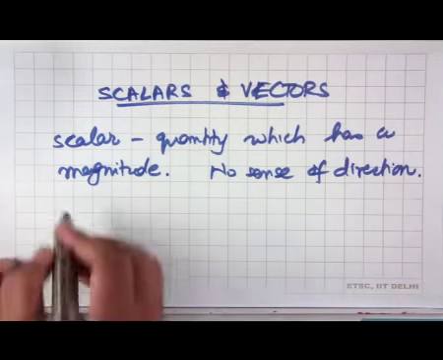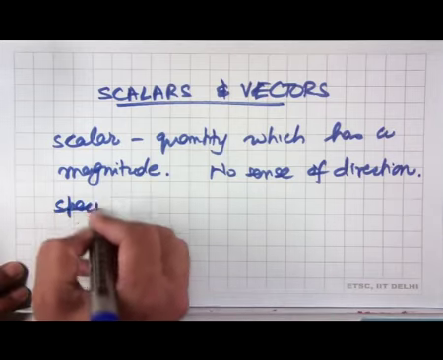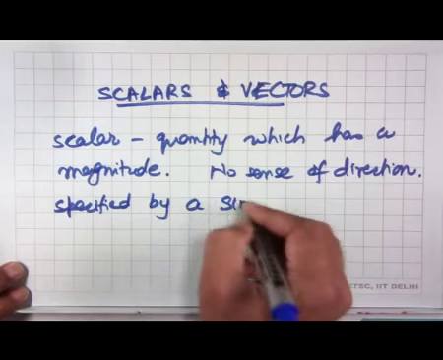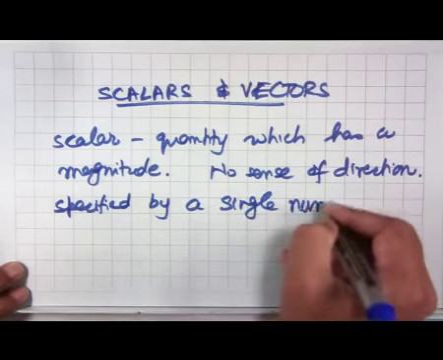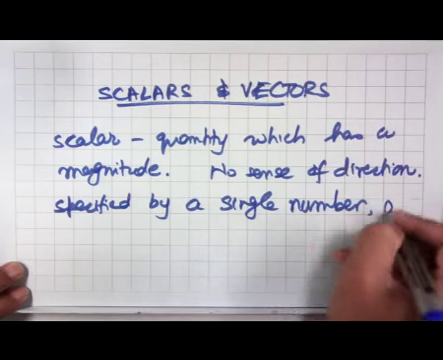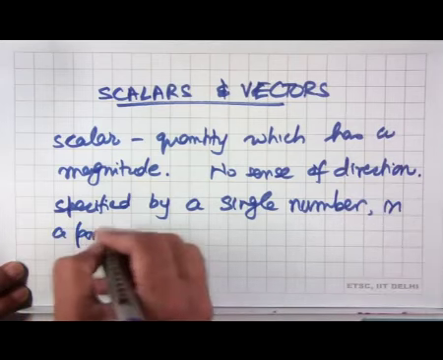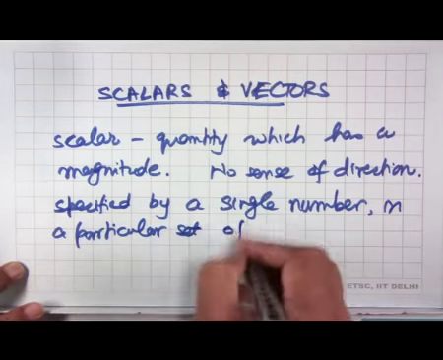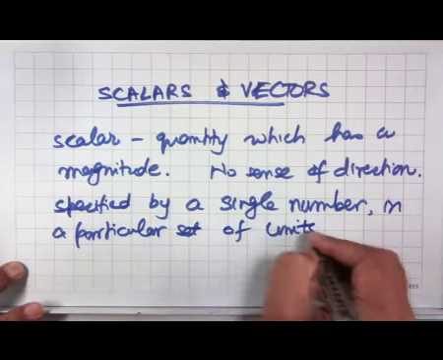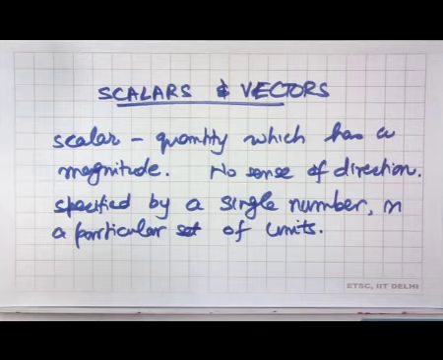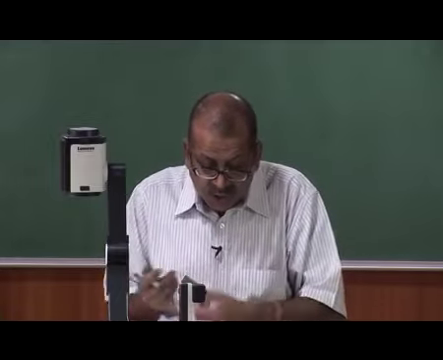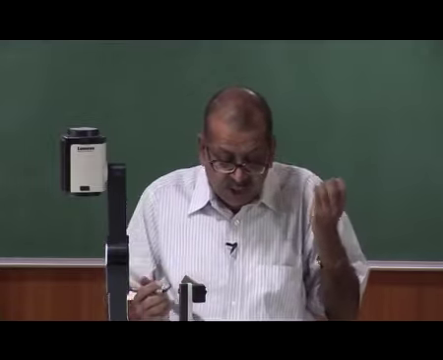A scalar quantity is specified by a single number in a particular set of units. Any quantity, unless it is dimensionless, will be specified with a unit. In a scalar quantity, this will be just a single quantity.